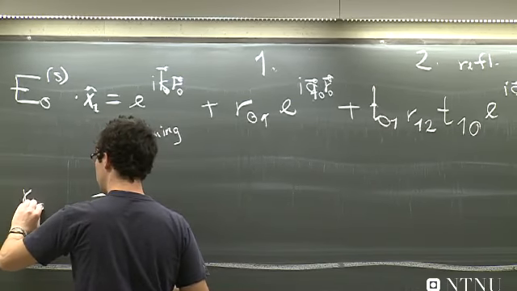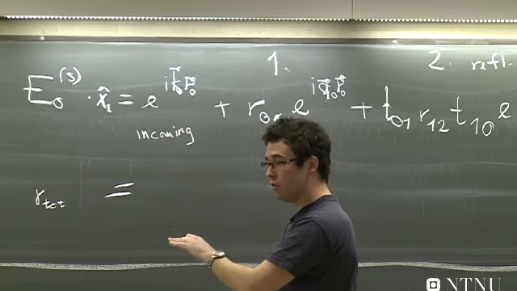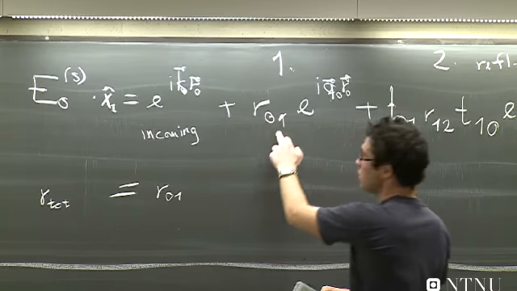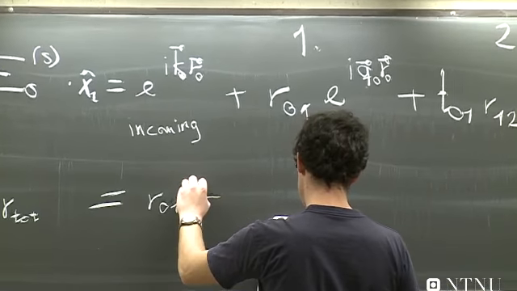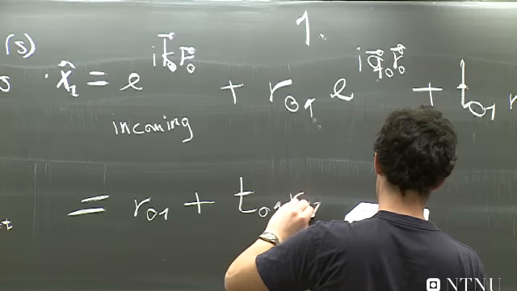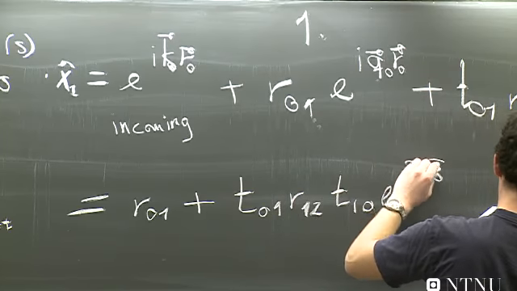So the total R, which is the total Fresnel reflection coefficient for a thin film on top of a substrate, is equal to R01. That's this reflection off the top. And plus T01 R12 T10 e to the 2i delta.